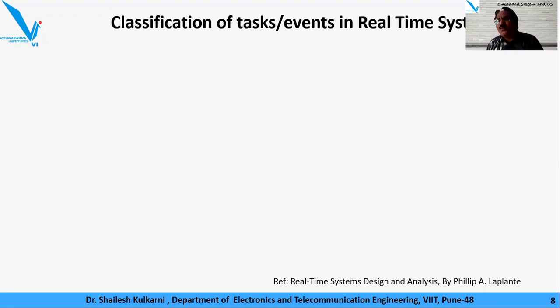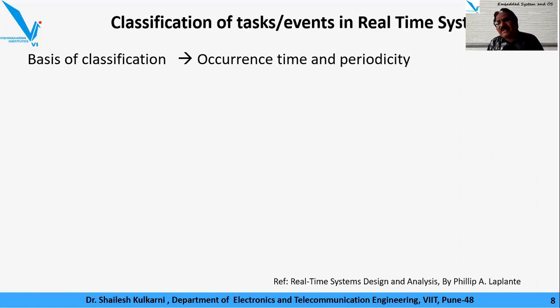The scope of design of real-time systems can be understood by understanding the different classifications among the tasks and events. Now, what would be the basis of this classification? The basis is the event's occurrence time as well as the periodicity of the occurrence of that event. At this point, it warrants a little discussion.